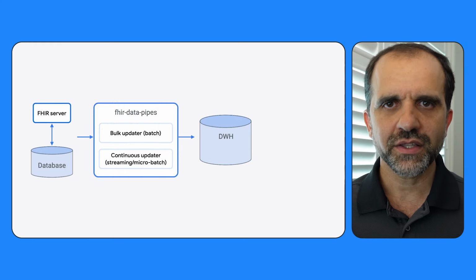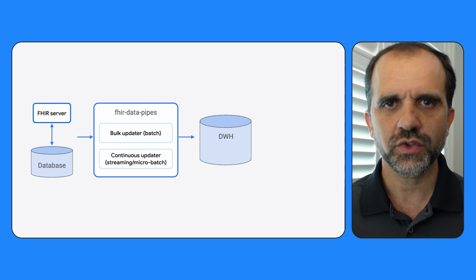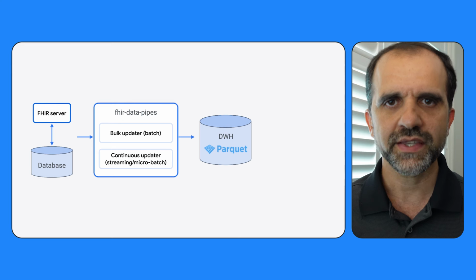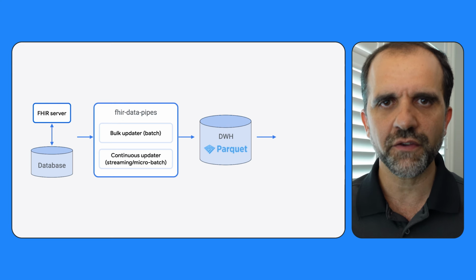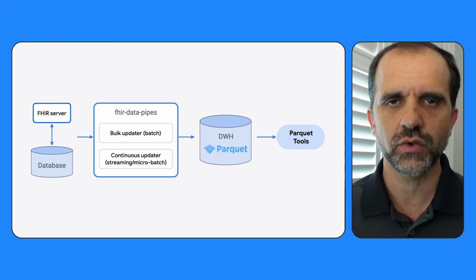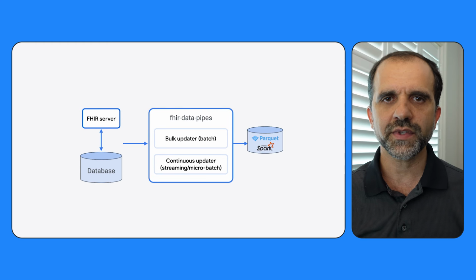One of the functionalities of FHIR Data Pipes is to transform FHIR data into Parquet files. Besides performance, another benefit of using the Parquet format is its widespread use and tool support. FHIR Data Pipes' output is not limited to Parquet files.